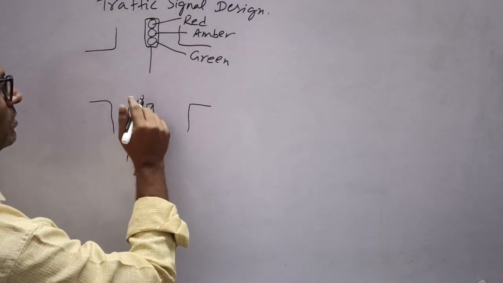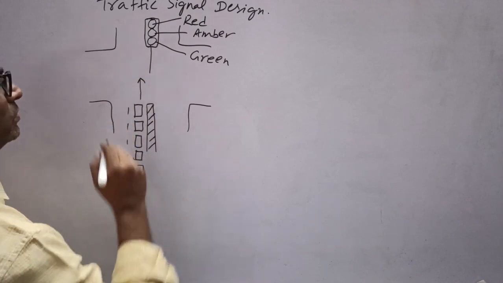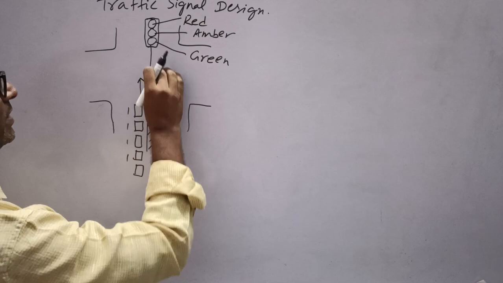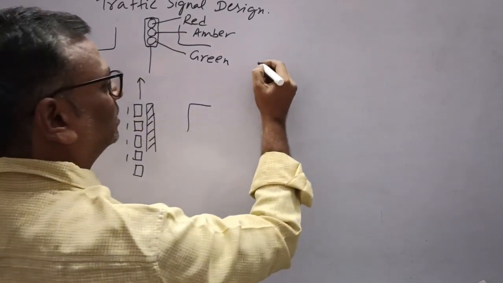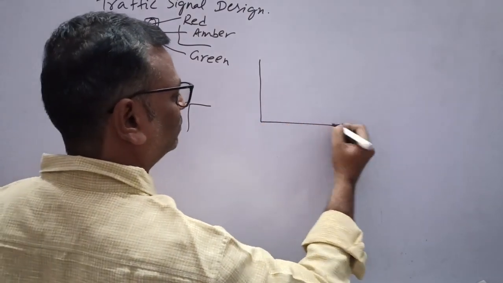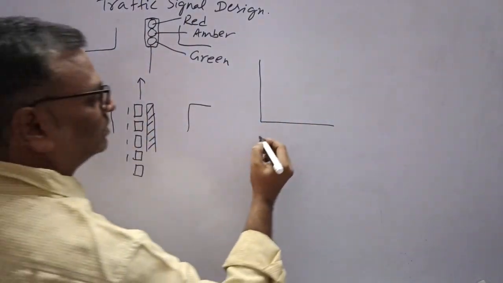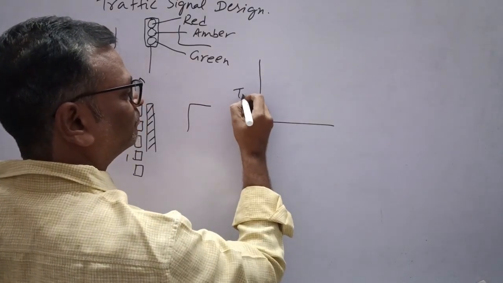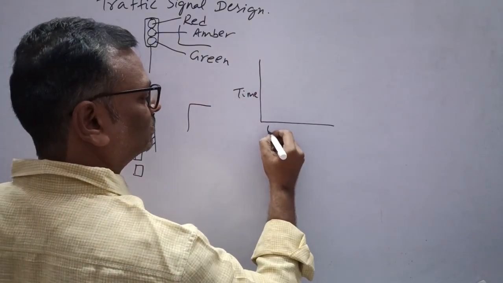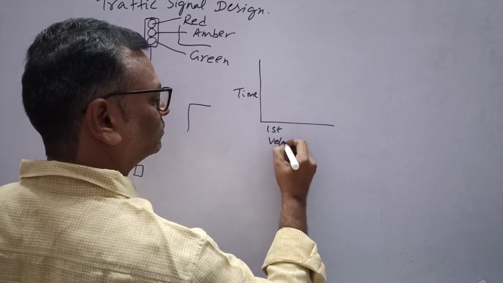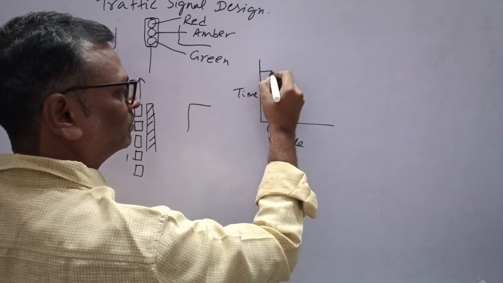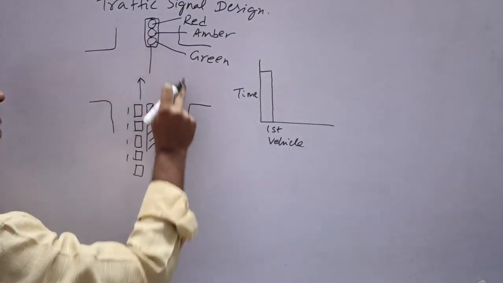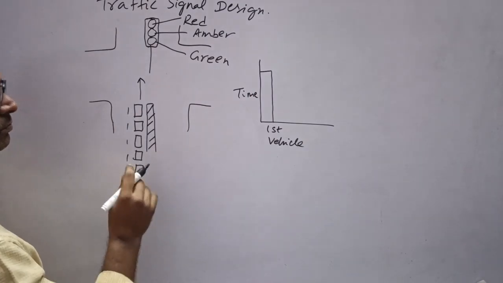The first vehicle will move. You have to start and accelerate. The vehicle should get acceleration, and that acceleration will take some time. The first vehicle will take some time to leave this signal area.